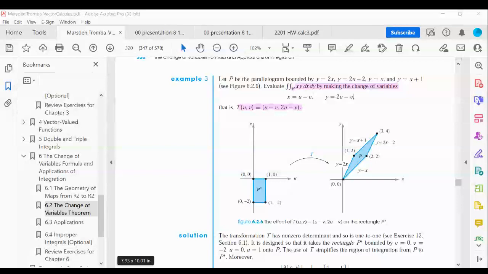You have to split into 3 parts to be able to integrate. Right? So it'll be much easier to integrate something over P star than over P. That's why sometimes we do a transformation. But this is not crucial because we can split into 3 parts and integrate. That's not a big deal.